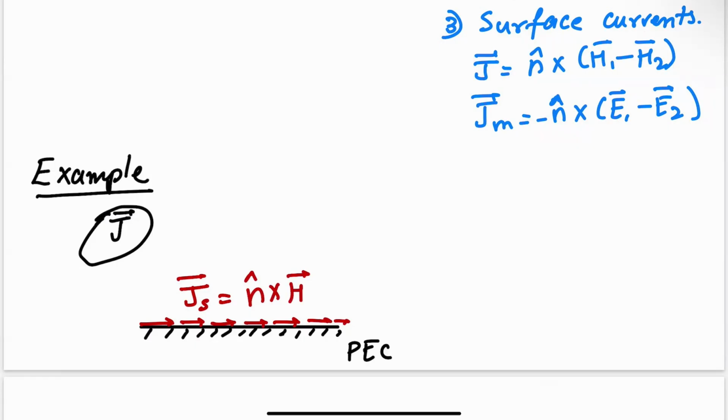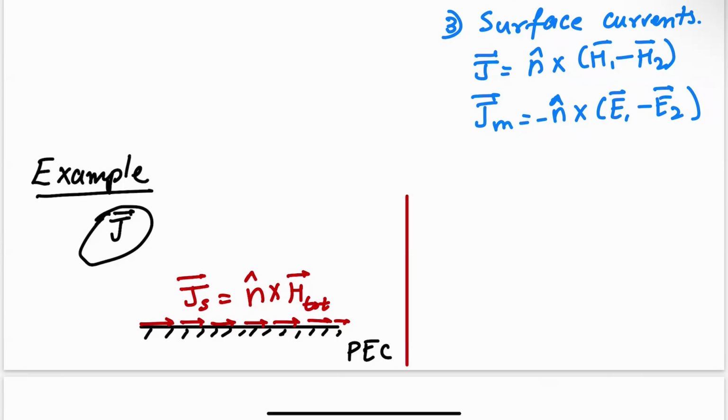But when we solve this problem, we already solved for H everywhere when we solve the fields everywhere. So we know J_S is nothing but n hat cross H total. Right, so then again, we don't have to solve for the fields radiated by this J, because that is already solved for when we solve for the fields E and H. Okay? So it would be like double counting if you do it again.